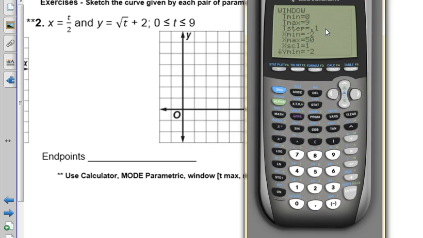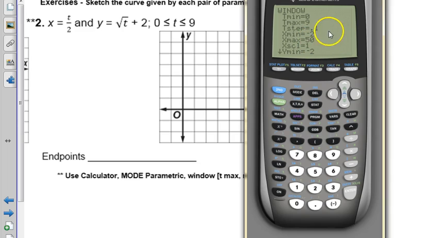A T-step of 0.1 does 10 calculations from 0 to 1. It's going to put in 0, 0.1, 0.2, 0.3, 0.4, 0.5, 0.6, 0.7, 0.8, 0.9. So from 0 to 9, it would do 90 calculations, but it will go pretty fast.